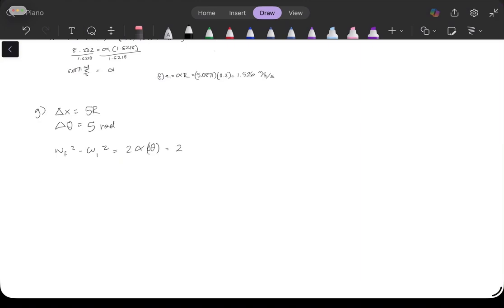So we solved for alpha earlier, and then we were given the displacement, and then we can just cross that out because it starts at rest, and we're left with this formula.